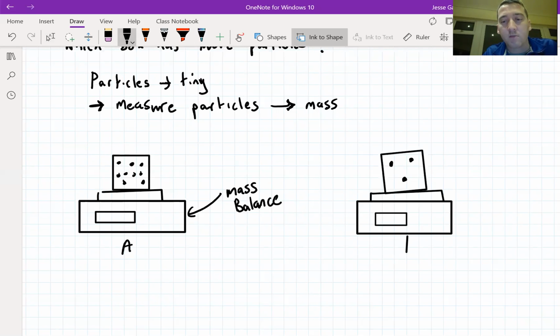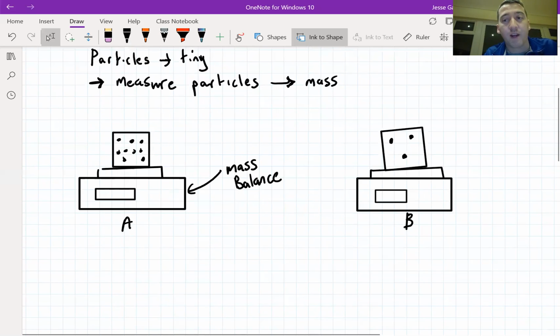Which mass balance is showing the higher mass.